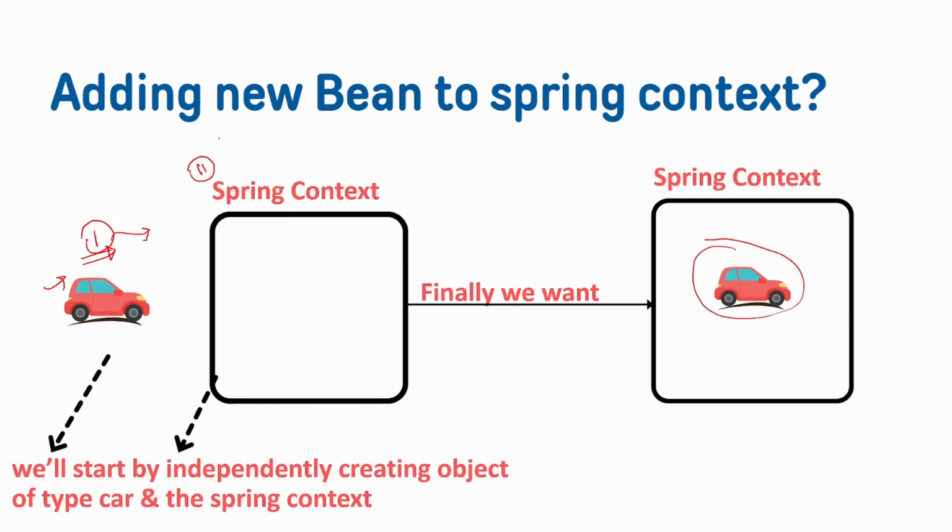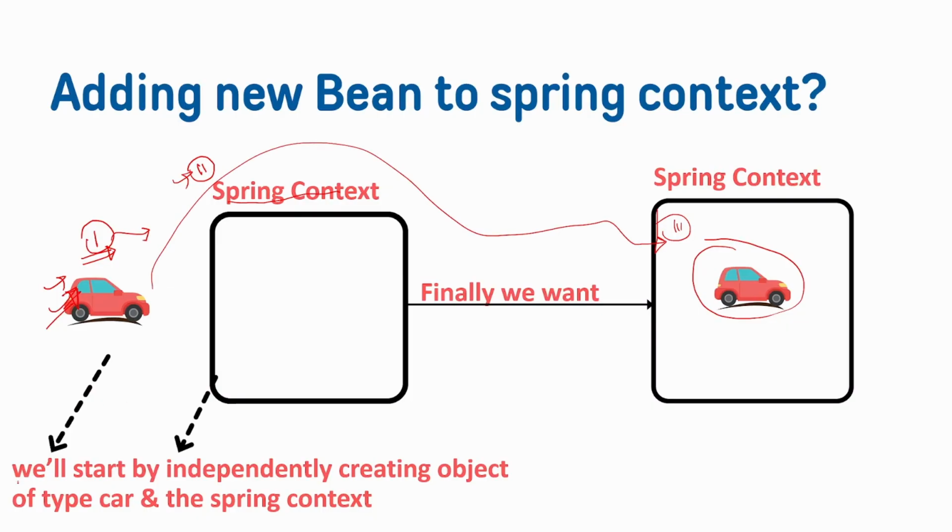So basically there are three steps. First, we will create our class whose instance object we want to add to the Spring context. Second, we will create the Spring context, and third, we will add our object instance to the Spring context.